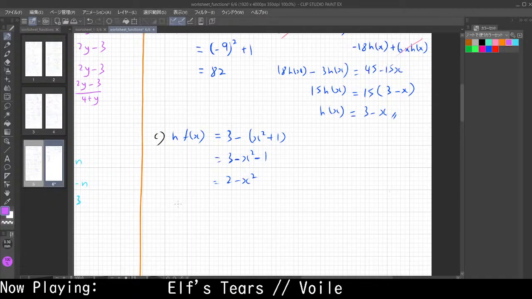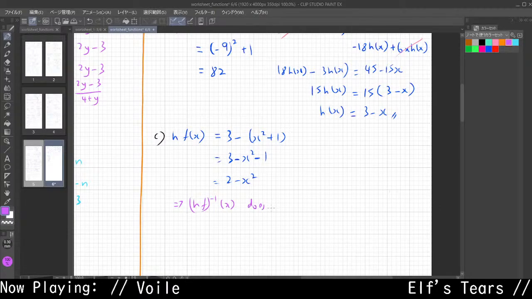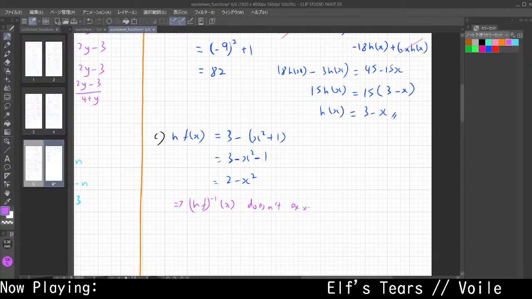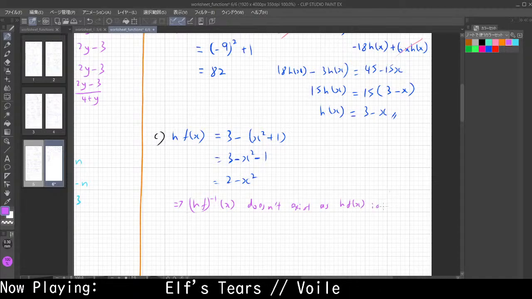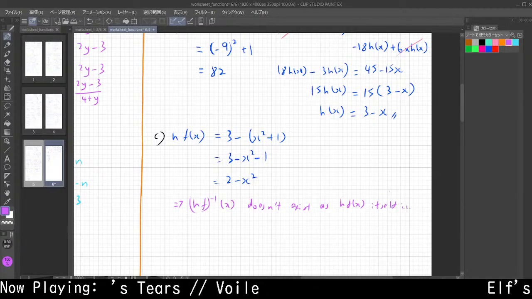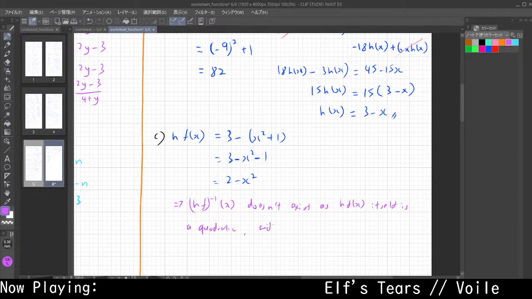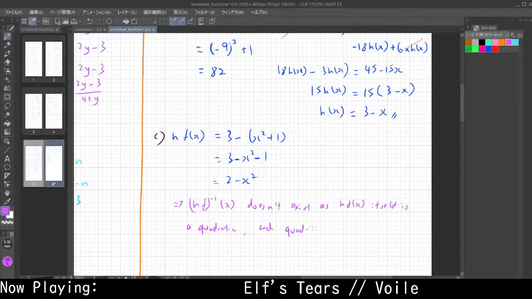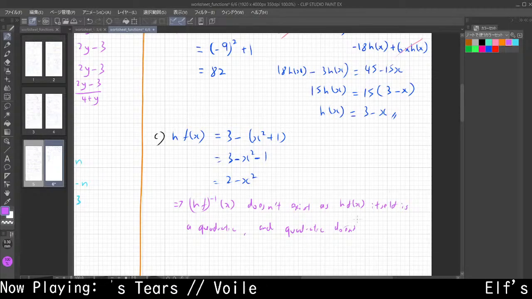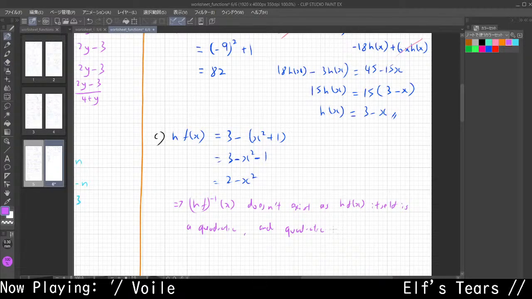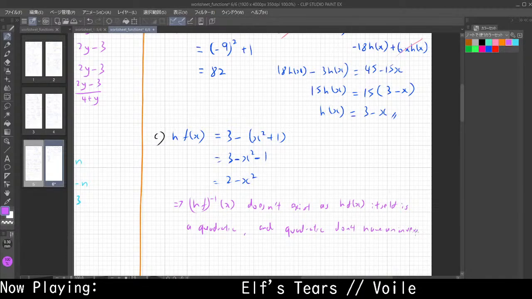So, HF inverse does not exist as HF itself is a quadratic, and quadratics don't have an inverse.